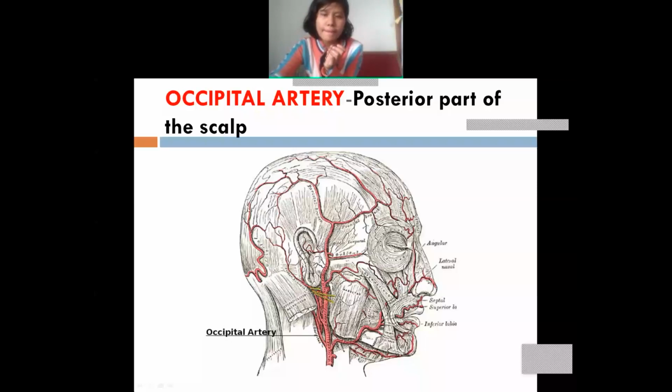You know the scalp. So this portion in your head, the downside of your hair, na? Scalp. So it will supply blood to this area. That is the occipital artery. It will supply blood to this area. That is the posterior part of the scalp. Is it clear about occipital artery?